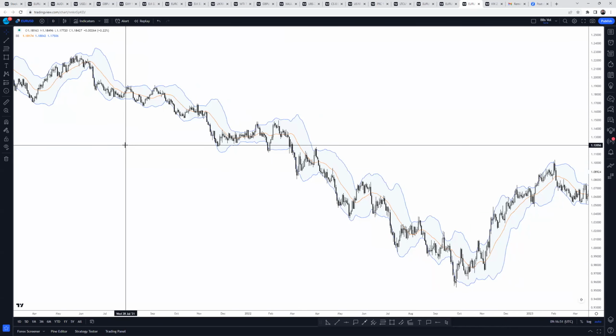Another method you may see applied with the Bollinger Bands is referred to as the Bollinger Squeeze. Now, one second. The Bollinger Squeeze is a popular trading strategy, but not really one that I have personally found much use in.